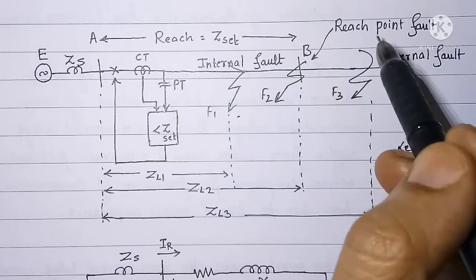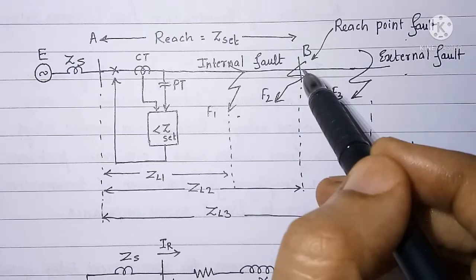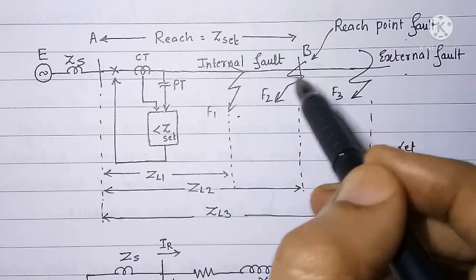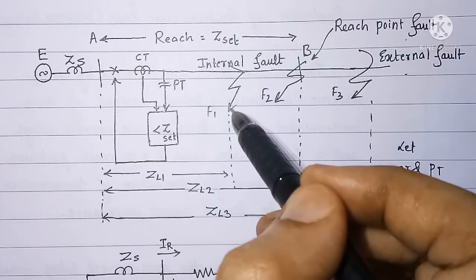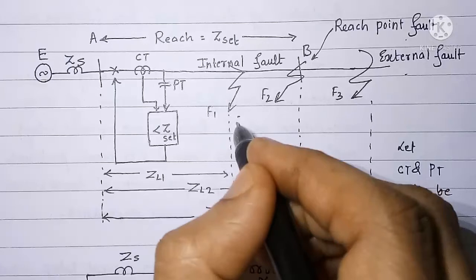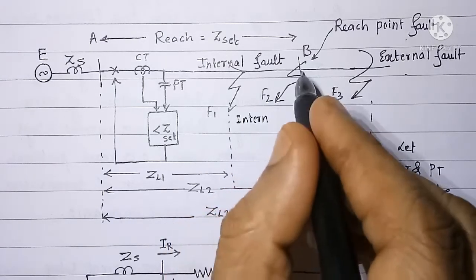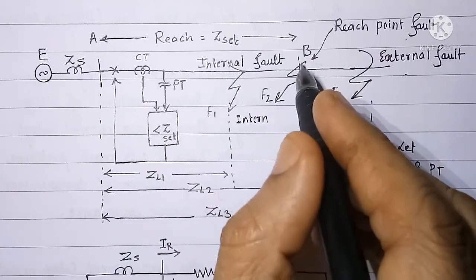F2 becomes the reach point fault, that is exactly at the set point. And F1 is an internal fault. F1 is an internal fault because it is before bus B, where bus B is the reach point.